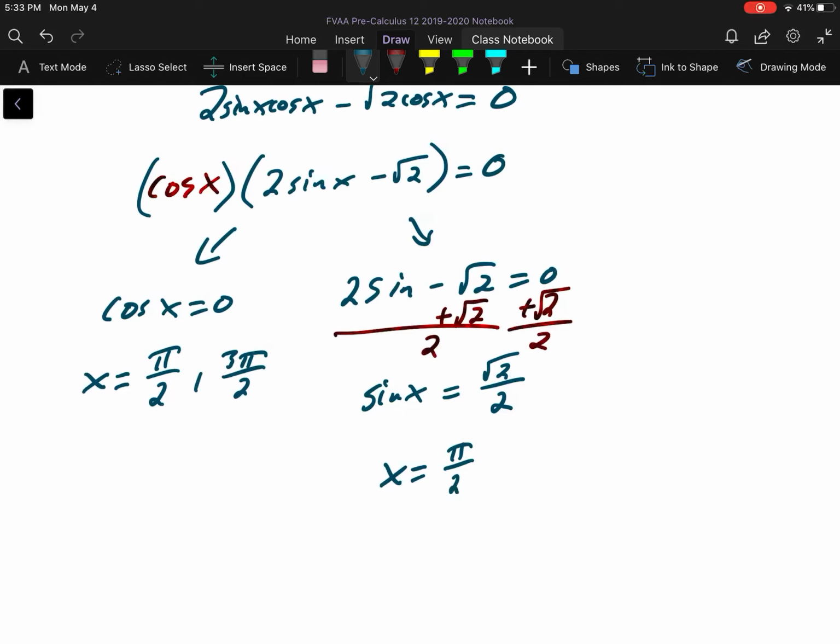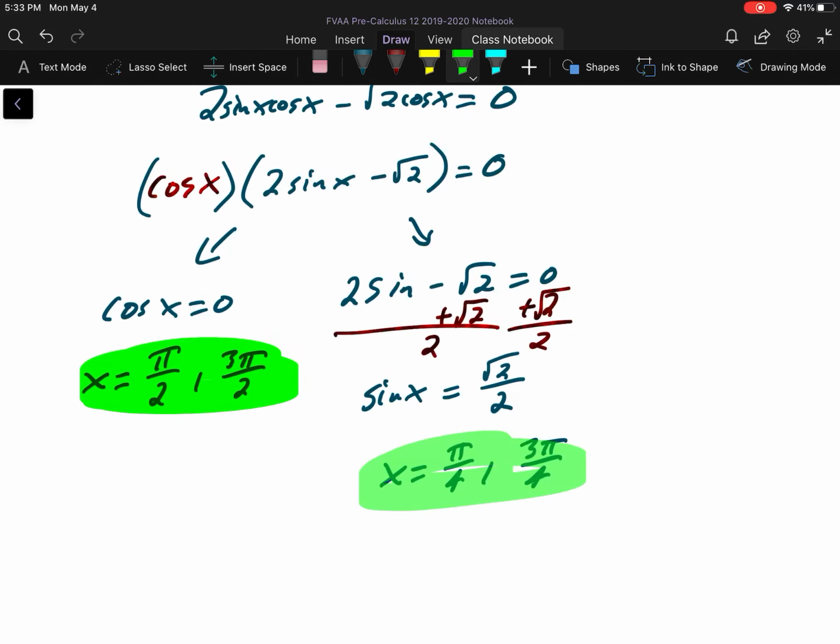So pi over 4. And in quadrant 2, this would be 3 pi over 4, because it's still less than pi. And that's it. Those are our 4 solutions for this question.